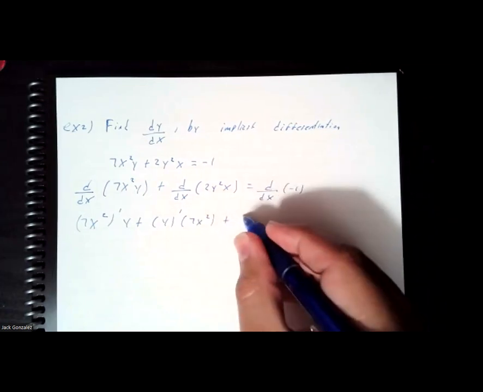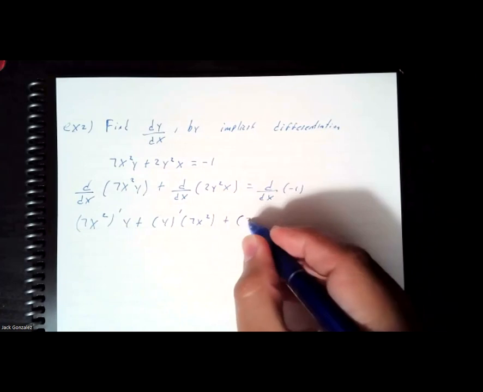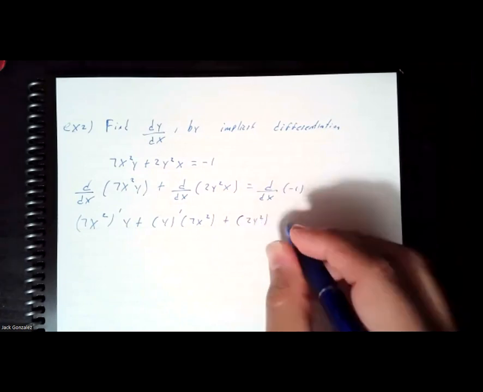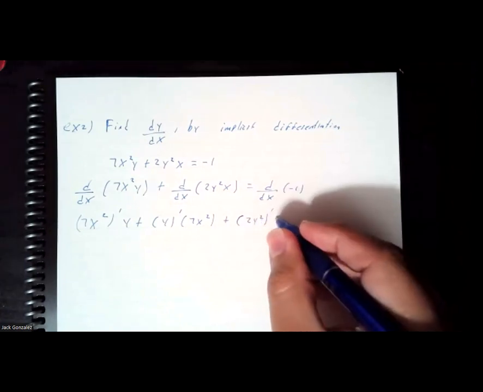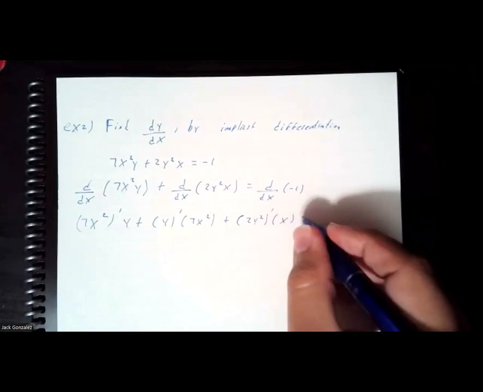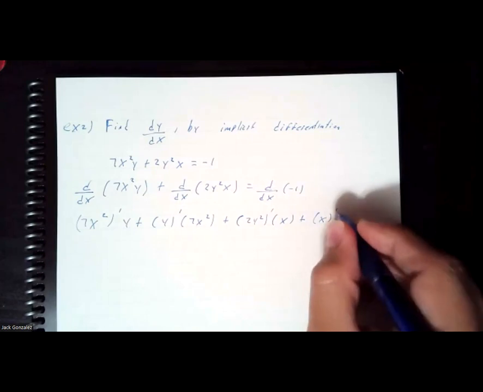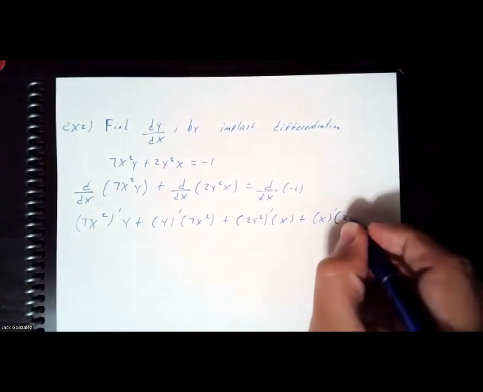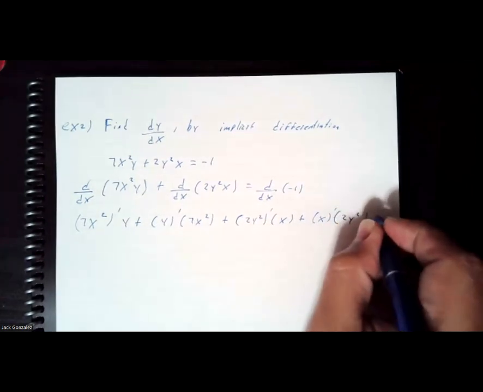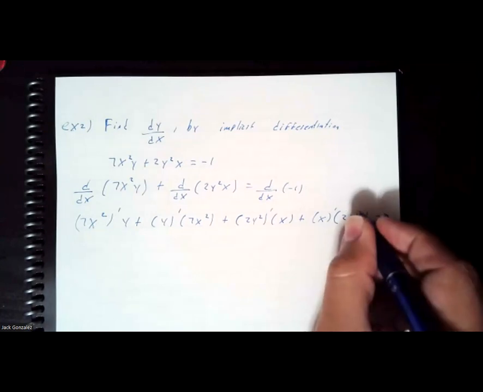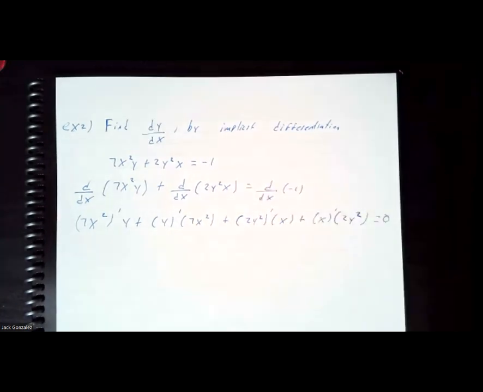Same thing over here. Derivative of this guy times the second term plus the derivative of the x times the first. Out of space. Then the right hand side will be 0.